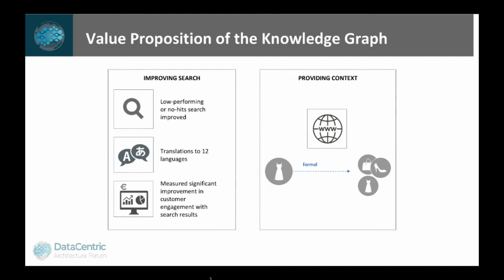So this is what we're promising the business. This is how we're telling the business it makes so much sense to keep on investing into the knowledge graph. What we have shown is we have low performing or no hit searches. And because we have those millions of customers, we can really well see which search is not performing well.